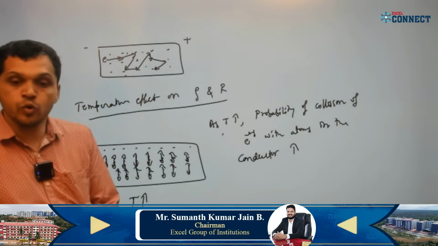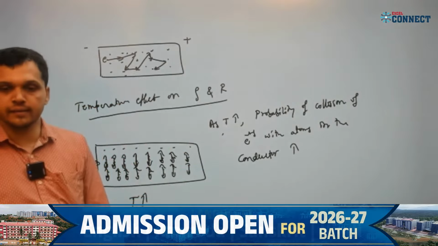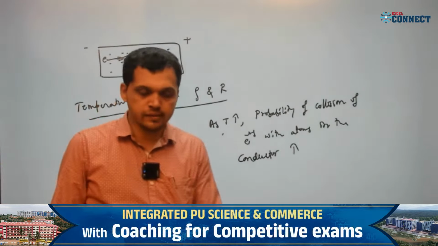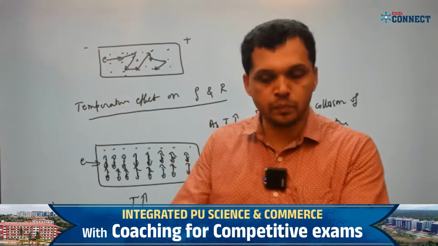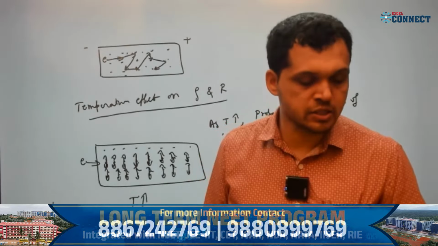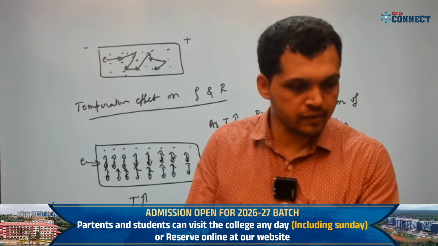As it suffers more collisions, then what about resistance? Opposition also increases. Is it clear? That is the reason why, as the temperature increases, resistance increases as well as resistivity increases. Resistance increases. This is the answer for your question.